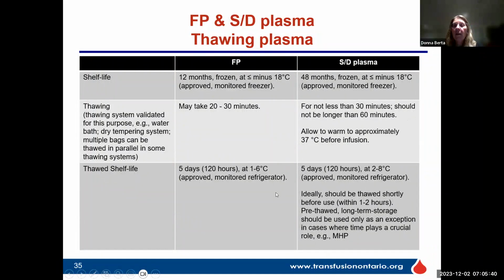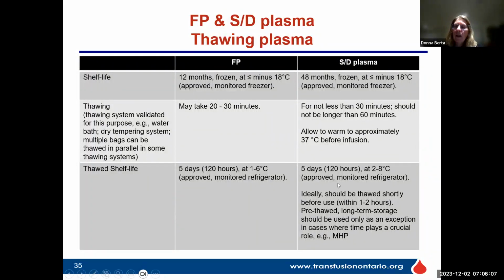If you already have some thawed, once it's been thawed, FP can be put in the fridge and kept for up to 5 days. SD plasma, the monograph also says that, but there is further information to say that it should be thawed shortly before use. And pre-thawed long-term storage should only be an exception where time is critical, like in a massive hemorrhage protocol.